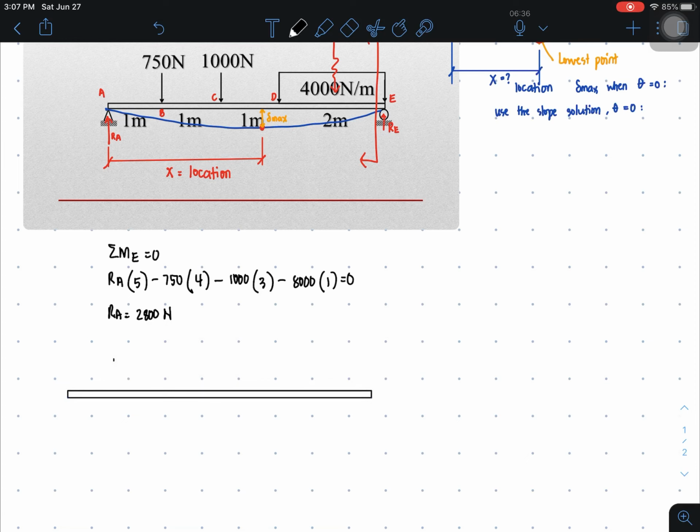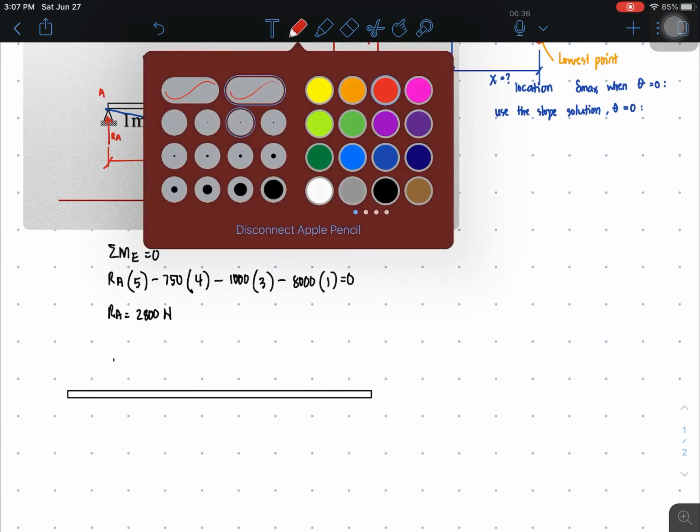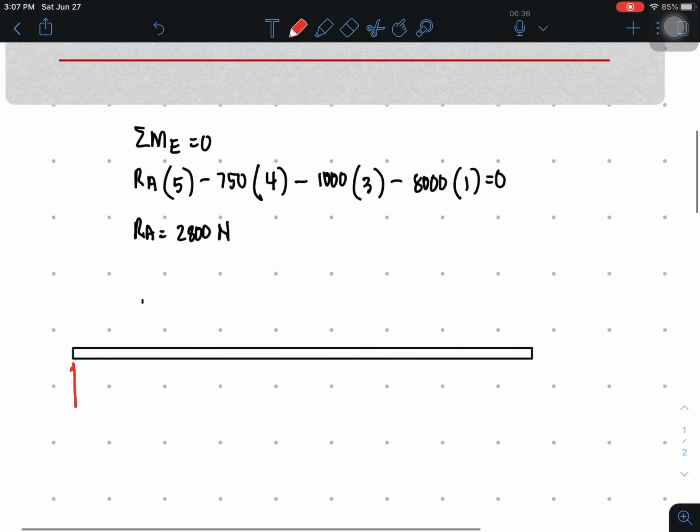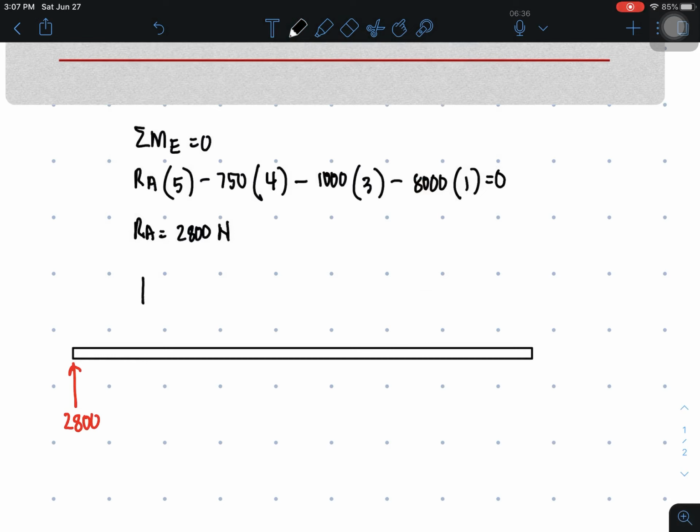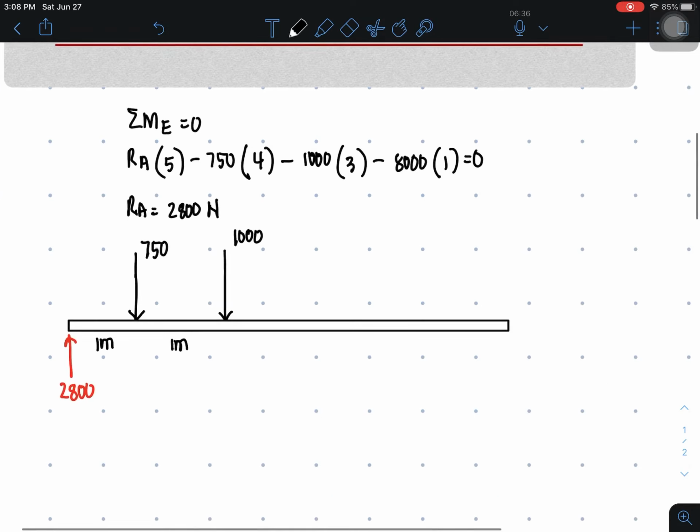And then this is the position of our 2,800. Then we have the position of the 750. Then naa pod tayo position sa atong 1,000. By the way, this is 1 meter and 1 meter apart.